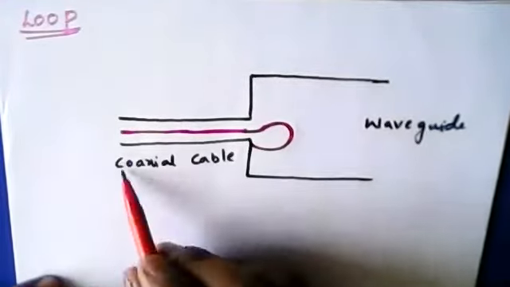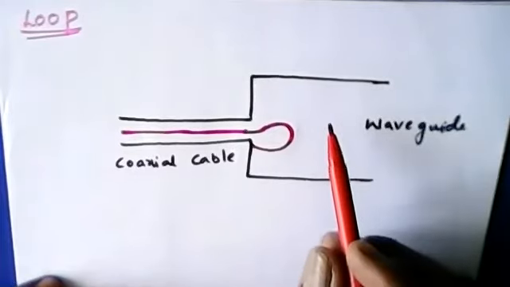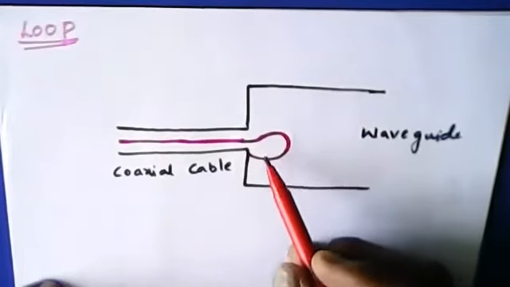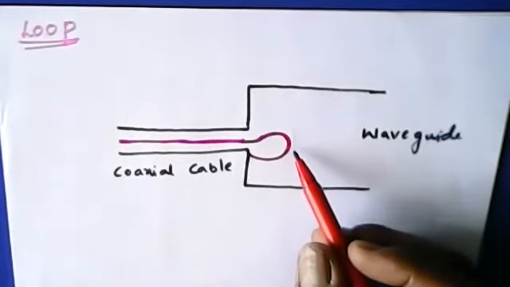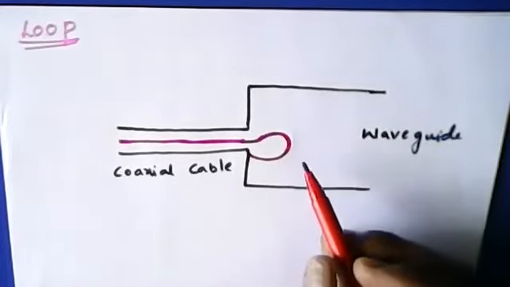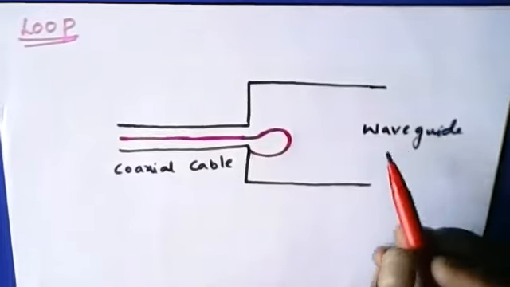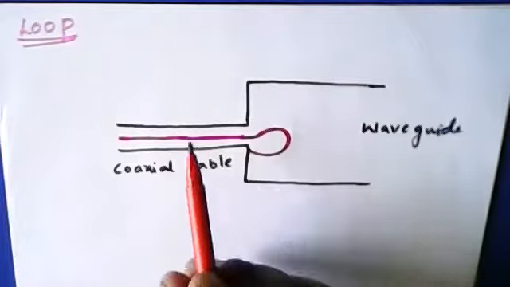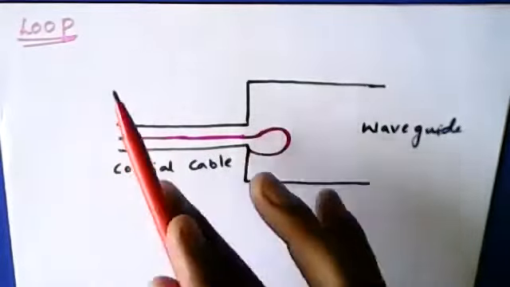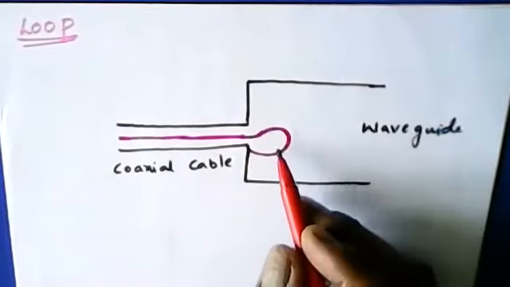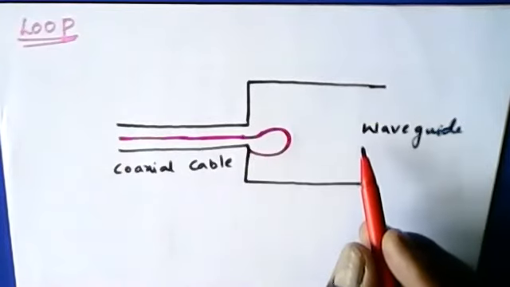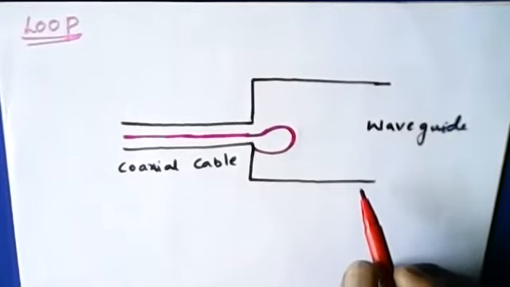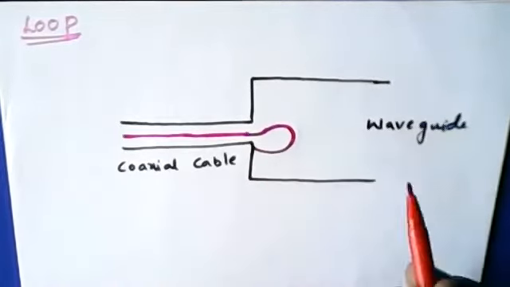Initially, I'm showing the diagram of the loop as a microwave component used for transmitting and receiving the microwave signals. So this is the construction of the loop as a microwave component for sending and receiving the microwave signals here.